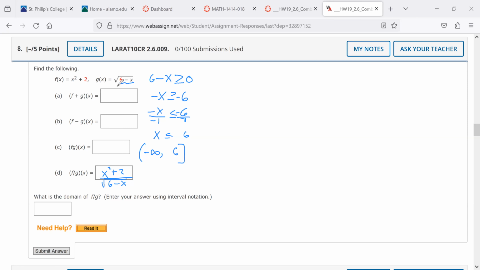So G includes 6. F over G cannot include 6. Does that make sense? So this right here is the domain.